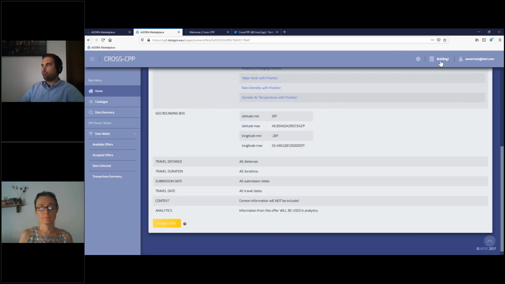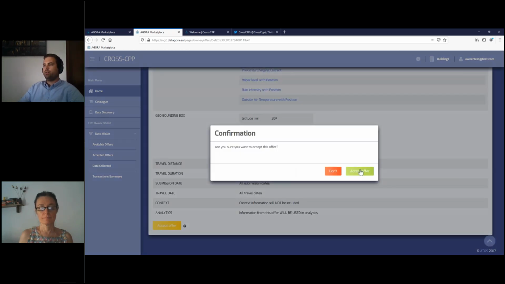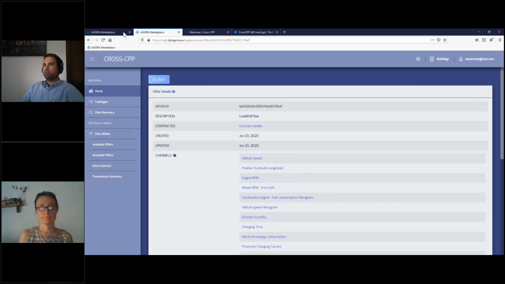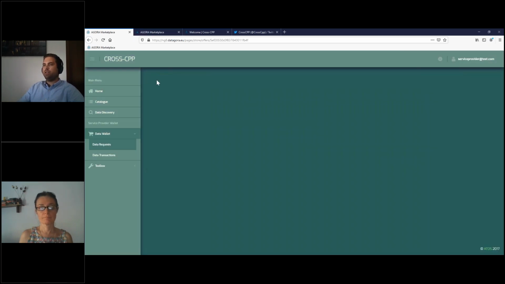So I can also, using my building, accept this offer. Now the offer is accepted, and we will see that information is going to be requested, as we can see in our data wallet, as a service provider.